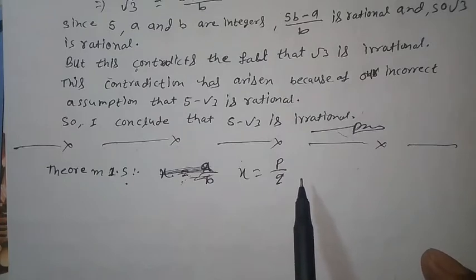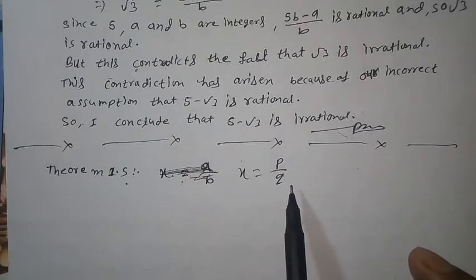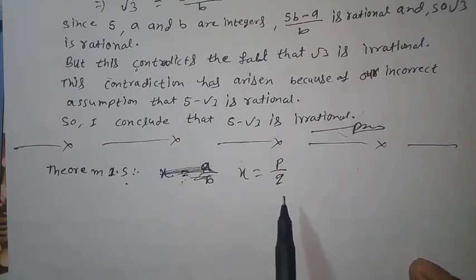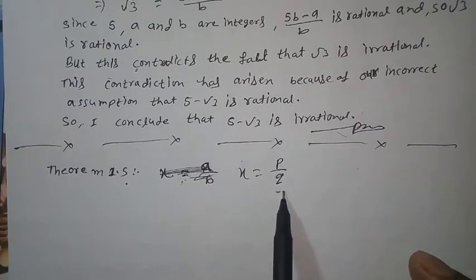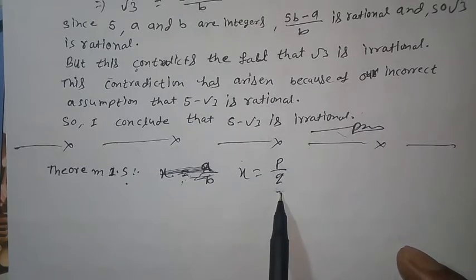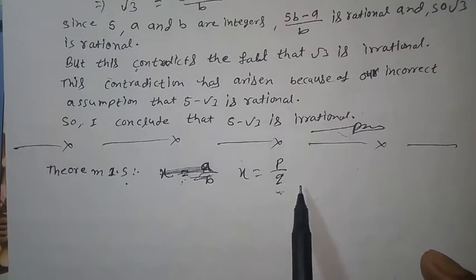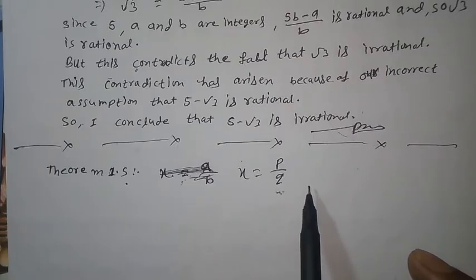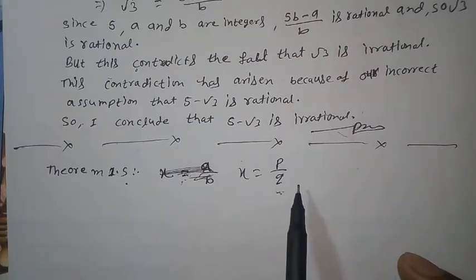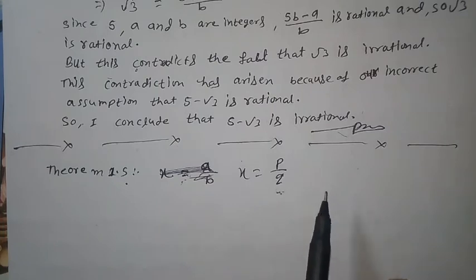Then x can be expressed in the form of p by q, where p and q are coprime and q does not equal 0, and the prime factorization of q is of the form 2 to the power m into 5 to the power n, where m and n are non-negative integers. Hence m and n are whole numbers.